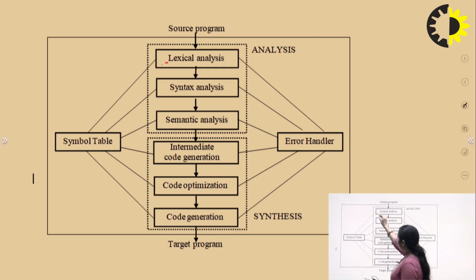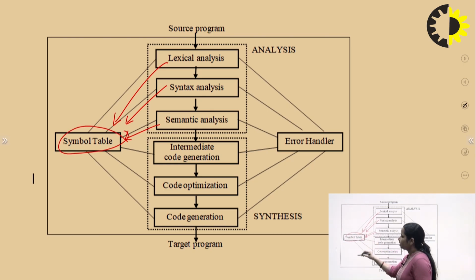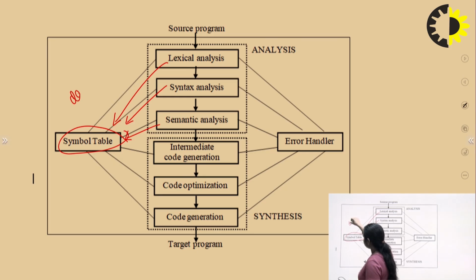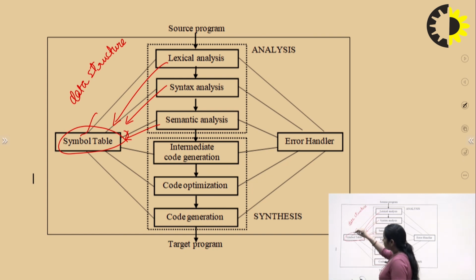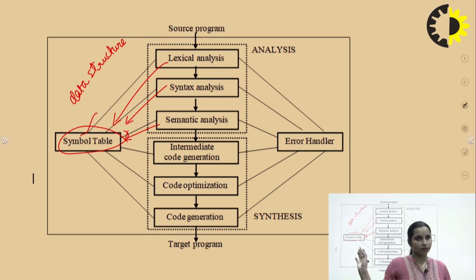See, at every stage, it is connected with the symbol table. What does the symbol table do? It is actually a data structure, and all the information about our source program is stored in this data structure, which is called the symbol table.